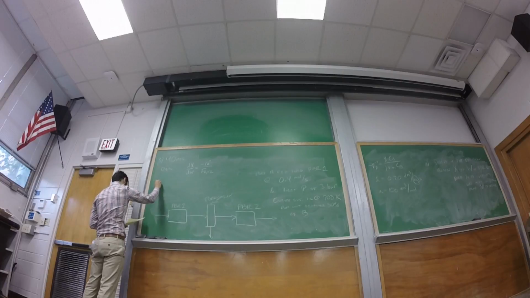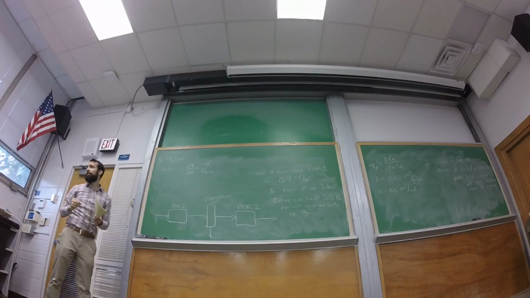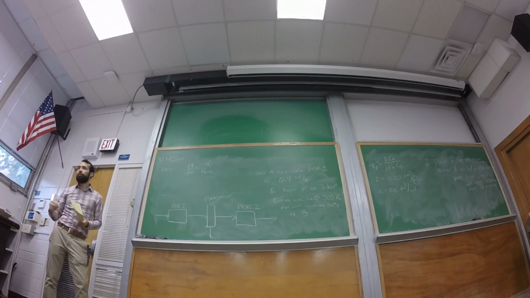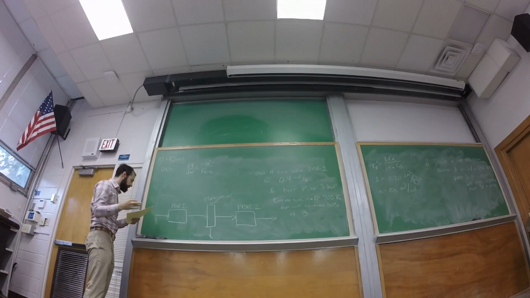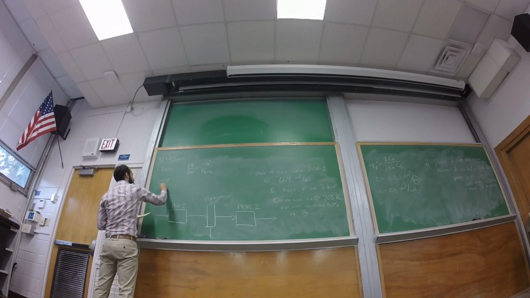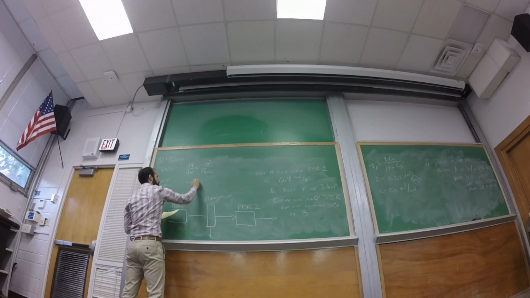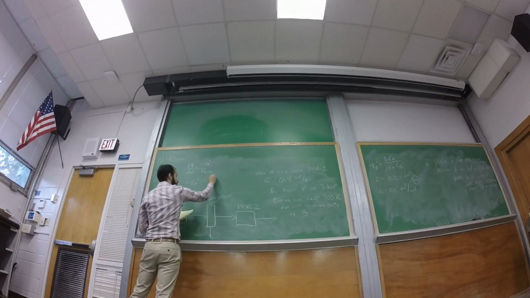What else do I write down? Table. Oh, we don't have to worry about pressure. Pressure drop is negligible. Rate law, that's the third thing we usually, no, you're right. I skipped over it because I'd already put it up here. So yeah, we'll write out the rate law that's given.